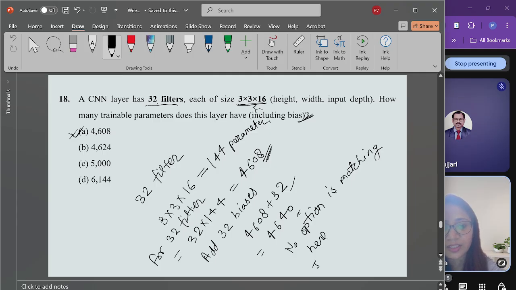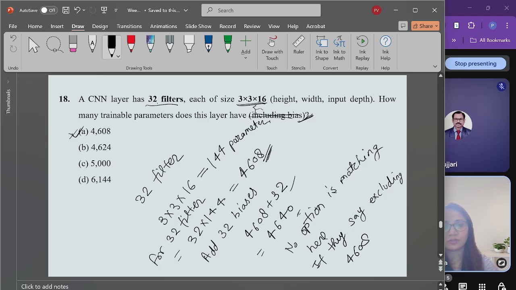If they say excluding bias, or if they didn't define this, then the answer will be 4608 in that case.